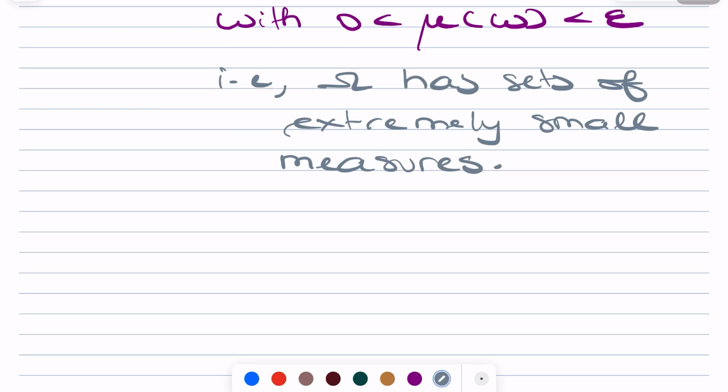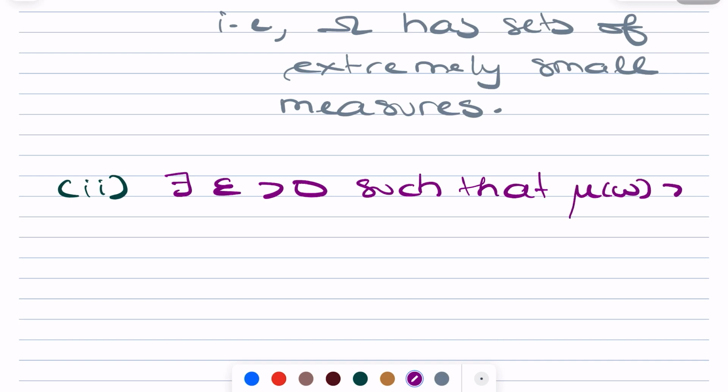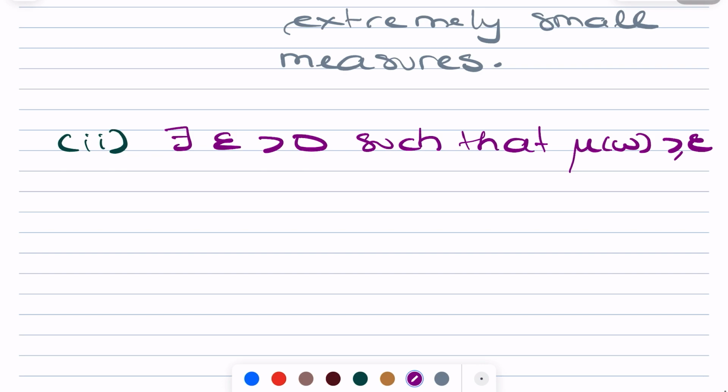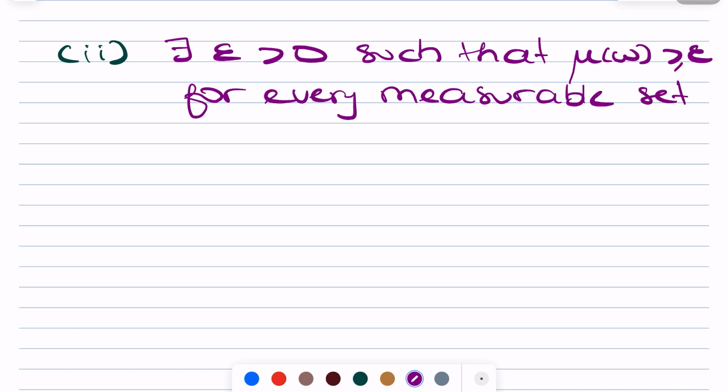The second case scenario is pretty much the contraposition or the negation of the first case. So there exists epsilon such that mu of omega is greater or equal than epsilon for every measurable set omega with mu of omega positive.